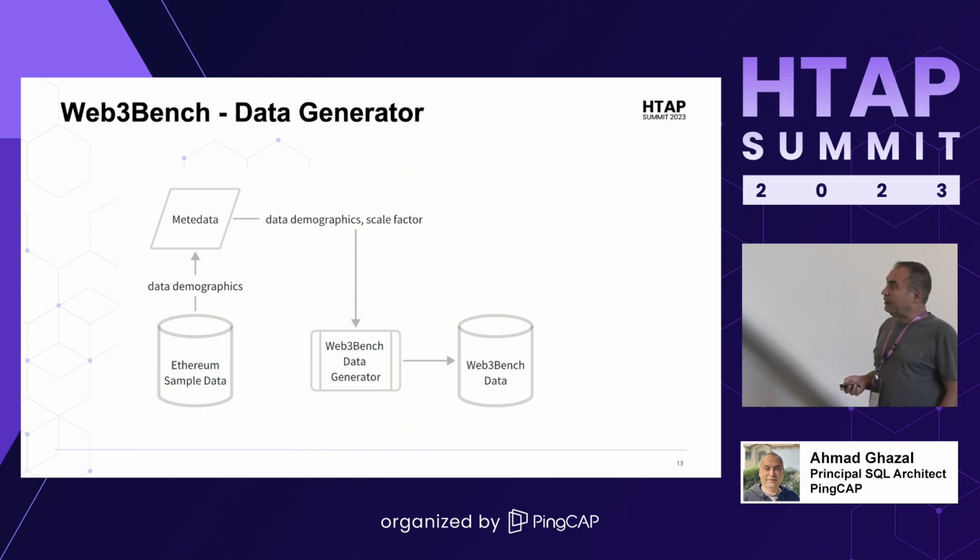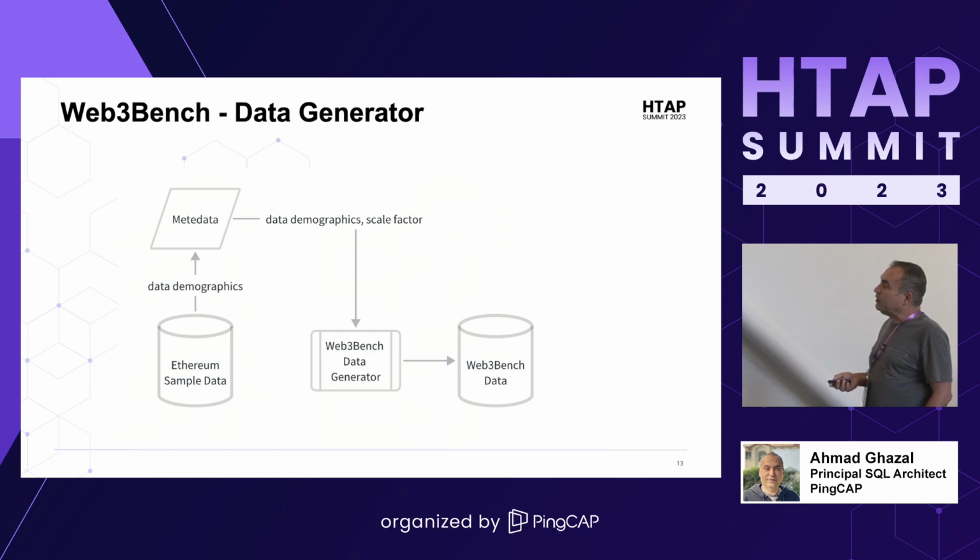And that metadata, along with what's called a scale factor, and a good benchmark should have a scale factor, such that you could run it on a small data set and you can scale it as much as you can. This is what is typical in TPC, if you're familiar with the TPC benchmarks.